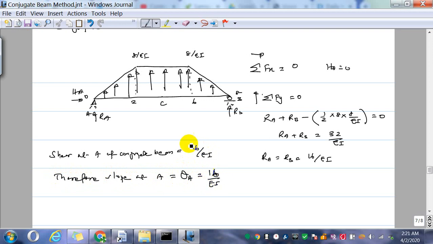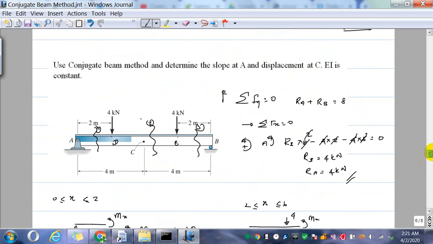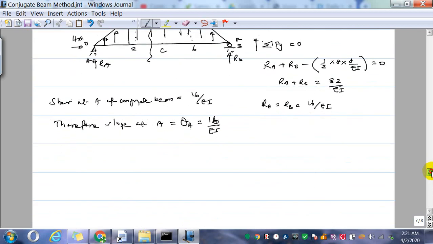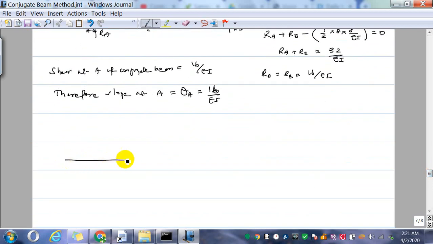So now I need to find the bending moment at C. What I'm going to do is take an arbitrary section here and derive the bending moment equation, and then when I substitute x equal to 4, I should be able to get the bending moment value, because x is at 4 from A. So this is the arbitrary section. This is the 16 over EI and that x, and you have the load acting upward.